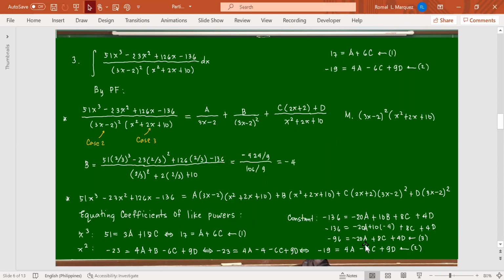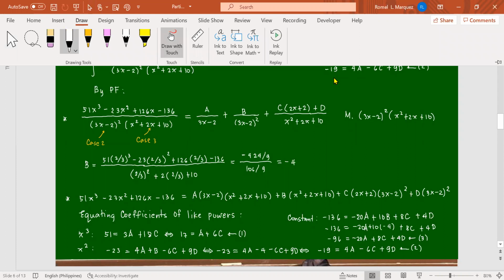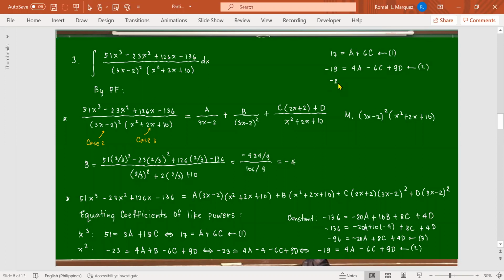And then equation 3, I think equation 3 can still be simplified. Equation 3, when simplified, we have divide by this negative 96. When divided by 4, we have negative 24. A equals A. What's our multiplier? 8. That I divide by 4. So this is negative 5.